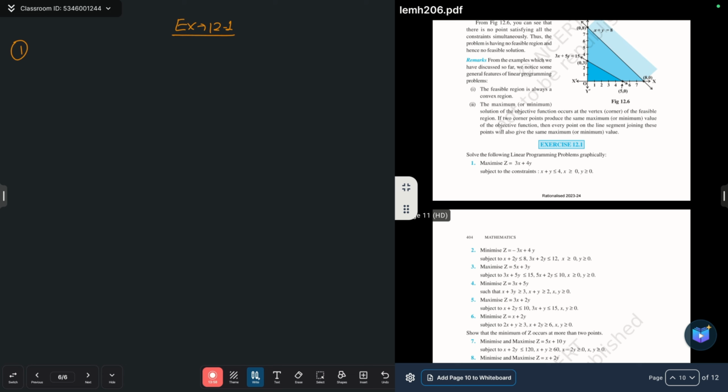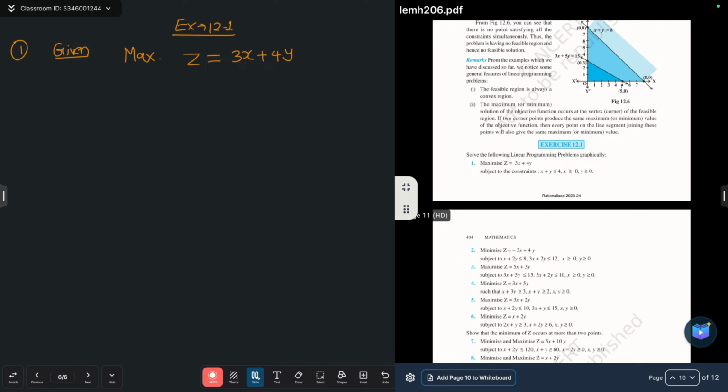First problem, maximize. See, in the LPP, one will be objective function and others will be constraints. So what is objective function given in the problem number 1? To maximize z, z is 3x plus 4y. Subject to constraints.